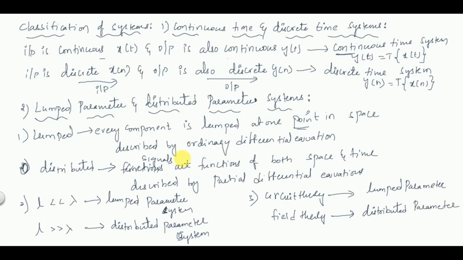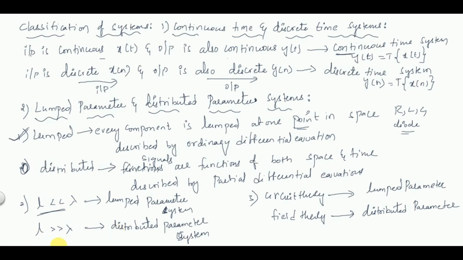These are the differences. In short, what can we say? Every electrical circuit which you are learning, using R, L, C, diodes, transistors, everything, all electronic and electrical circuits come under the category of lumped parameters, because their length is less when compared to their wavelength.